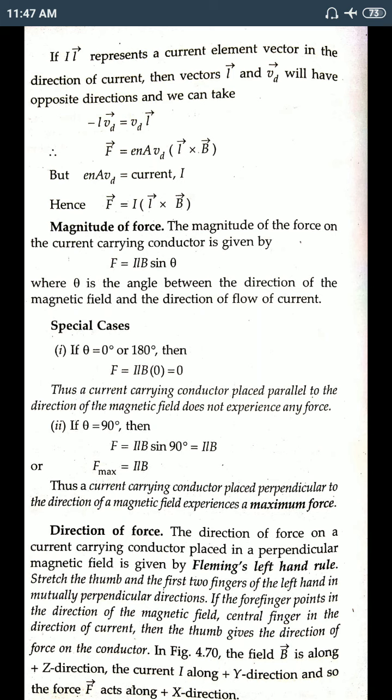That is the second case, theta equals 90 degree. Sine 90 value is 1, so F equals B into I into L, that is the maximum force. A current carrying conductor placed perpendicular to the magnetic field will experience a maximum force.